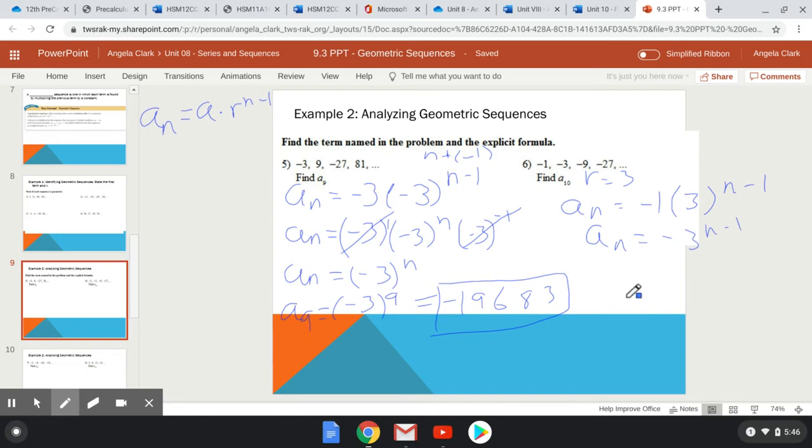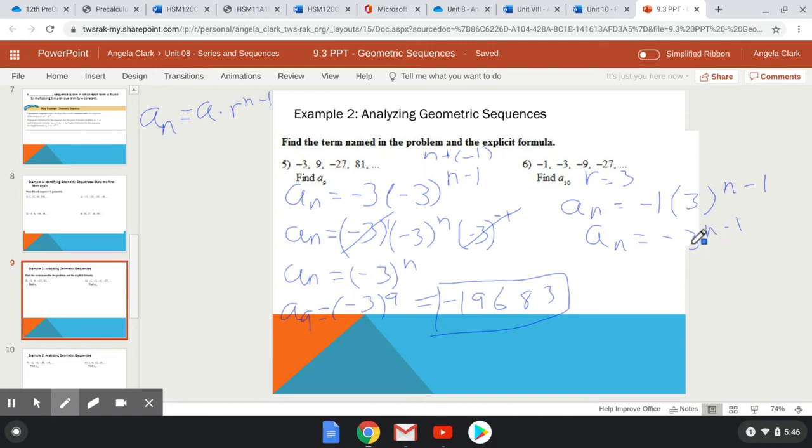I don't need that 1, and once the 1 is gone, I don't really need the parentheses either because the n minus 1 only applies to the 3. So without the parentheses, it still only applies to the 3. I can go ahead and drop those as well. But that's the only simplifying that we can do here.